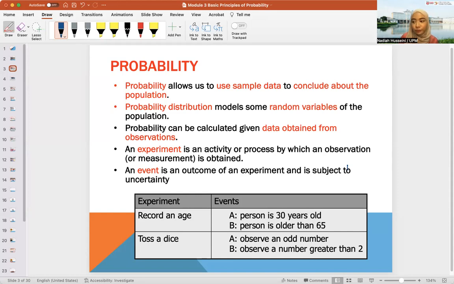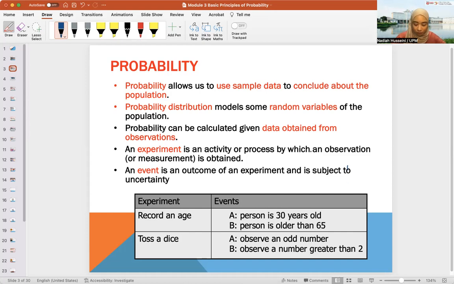So you want to record the weight of the breads so that all the breads that you are selling have approximately the same weight. Okay, so that is called an experiment. The act of doing something, the act of recording data, is an experiment.